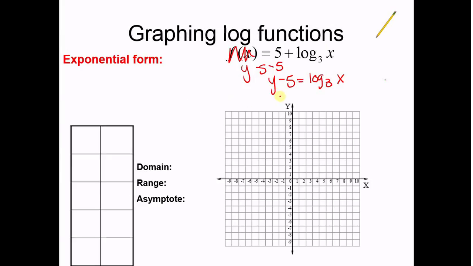I'm going to have 3 to the y minus 5 equals x. You're like, oh goodness, this is going to be a while. Not too bad, actually. We're going to pick the thing in the middle, just like last time, and see what would make that equal to 0. That's 5, so we put a 5 for our y value in the middle.